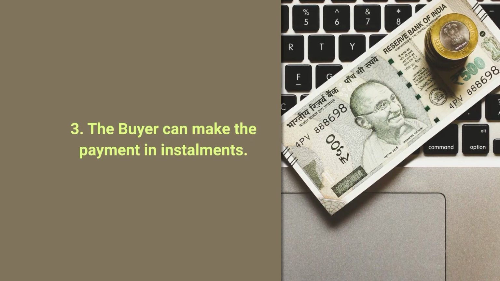Immediately when the buyer and the vendor enter into an agreement, the ownership is transferred from the vendor to the buyer. The next one is, the buyer can make the payment in installments. Yes, of course, like under the hire purchase system, the buyer can also pay for the goods in installments over a period of time.